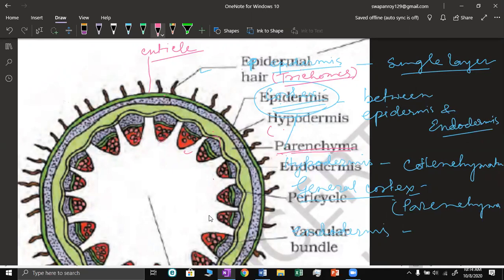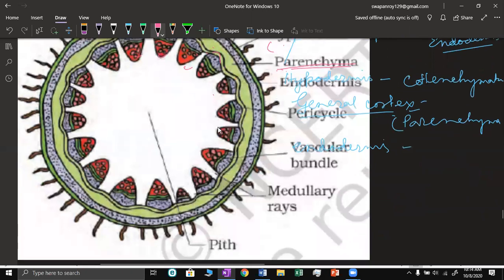You can see many vascular bundles arranged in one ring or more than one ring. This ring arrangement of the vascular bundles is a characteristic feature of the dicot stem.